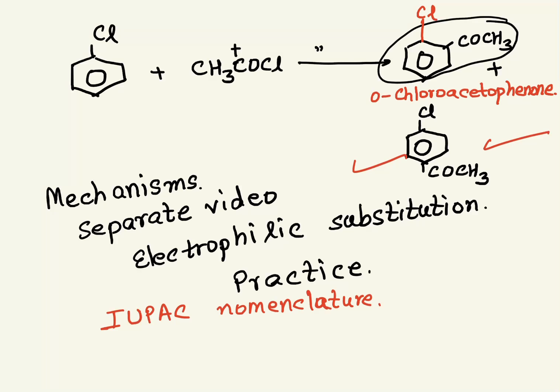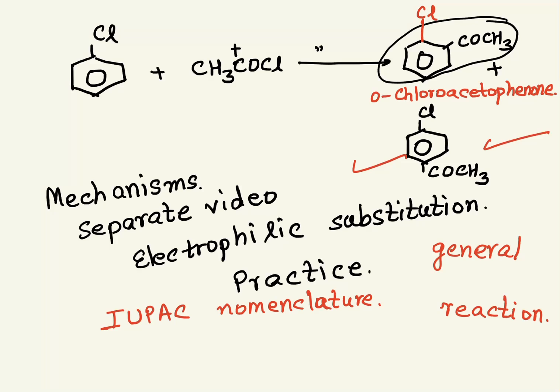Now these are general points that I have taught you. There may be variations if there are other groups or substituents present, or if you bring about slight change in the reaction conditions, okay? But for your level, I think this much of electrophilic substitution is good enough.